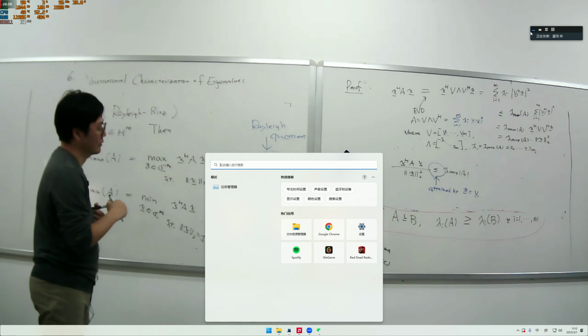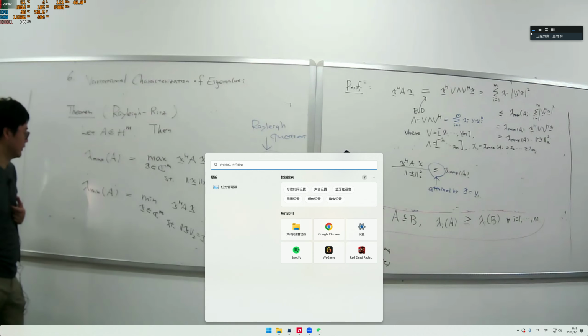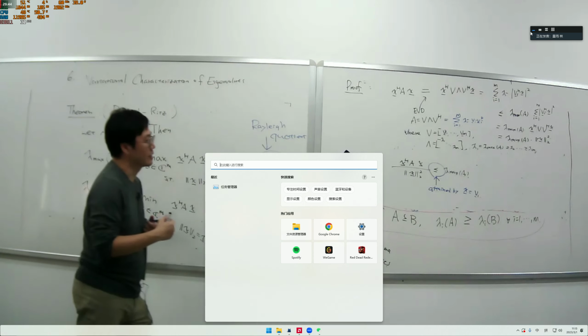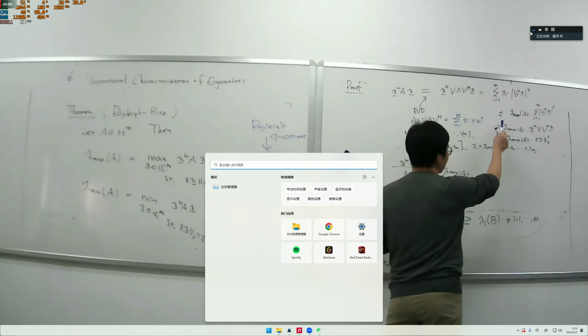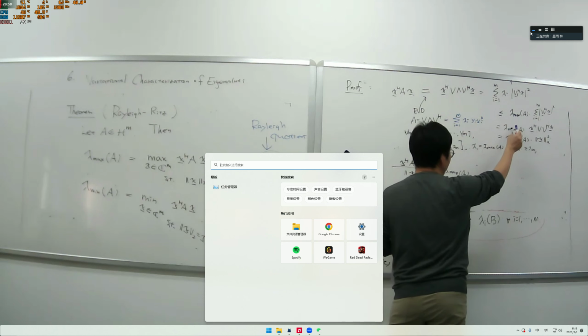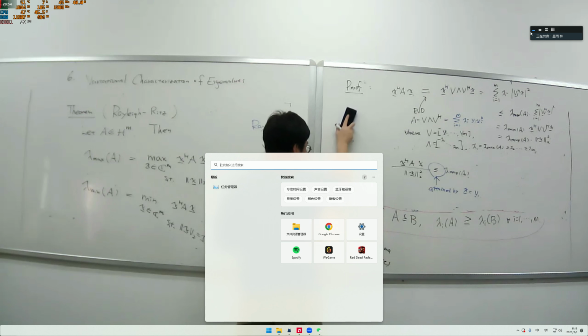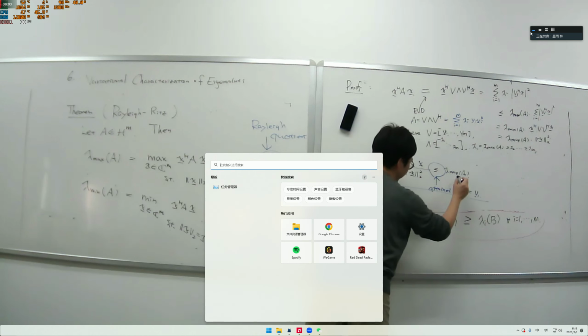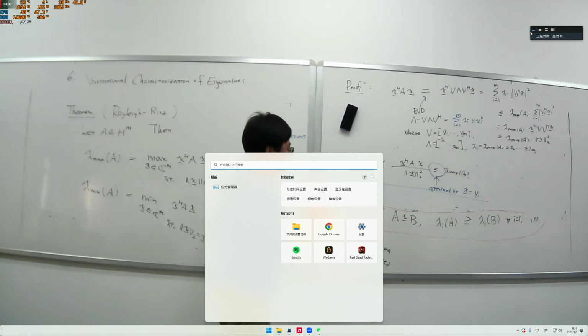Right? So then let's prove it. The minimal is similar, the same. For the minimal, just change this to greater equal, and here it is minimal. So eventually we get that this Rayleigh quotient is upper bounded by its largest eigenvalue and lower bounded by its smallest eigenvalue.